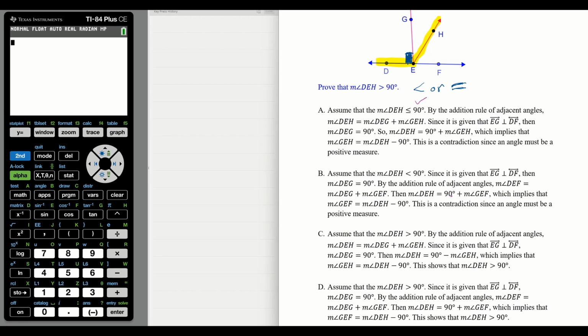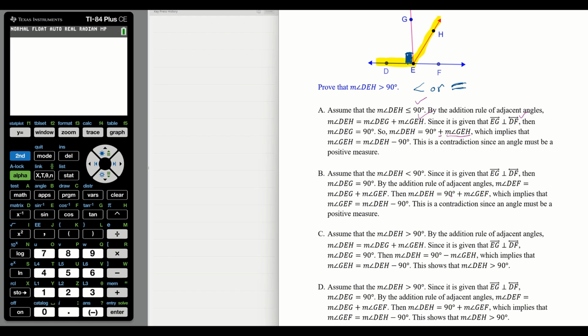All true statements. Since it is given that they're perpendicular, yes, they are perpendicular, then the measure of DEG equals 90. We've already said that. So the measure of DEH, okay, that's our total angle, is 90 plus the smaller one, GEH, double check that.